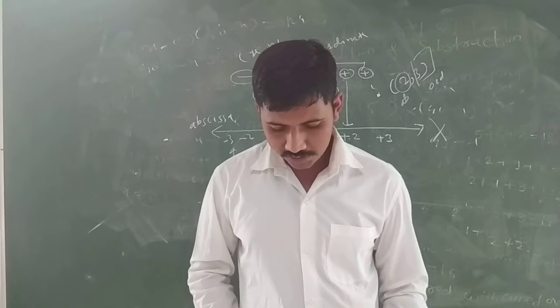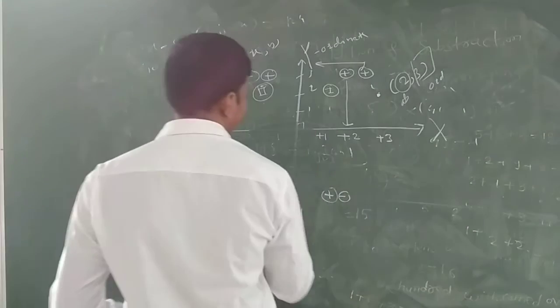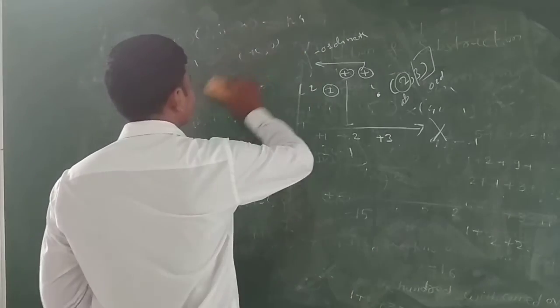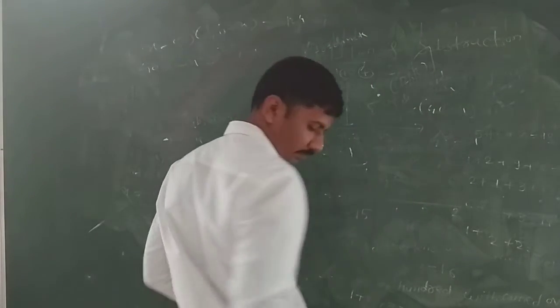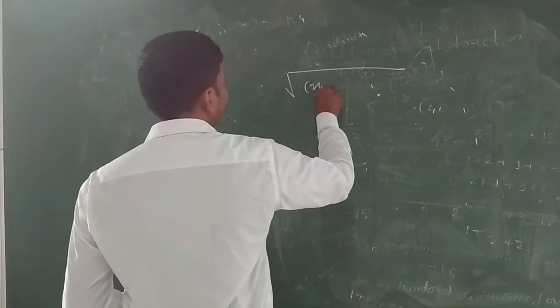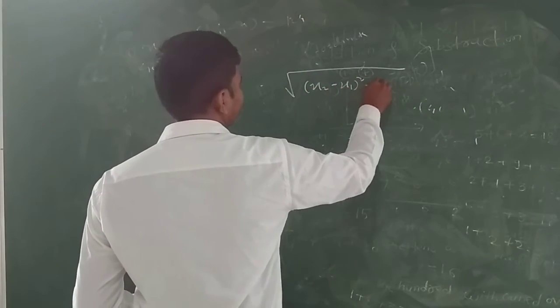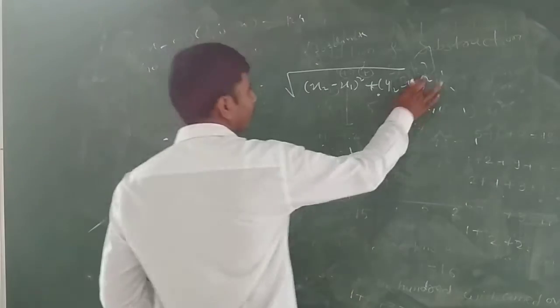So the distance formula, you all know it, we learned this before. What is the distance formula? It is the square root of x2 minus x1 whole squared plus y2 minus y1 whole squared.